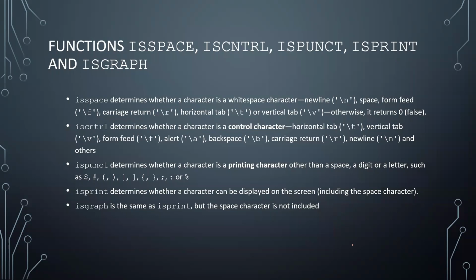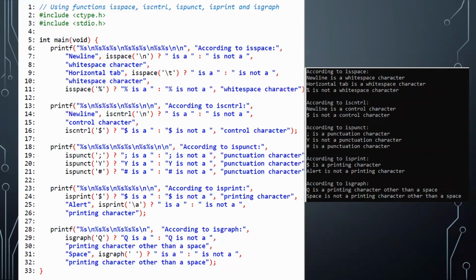Again, we've got a handful more. So isspace, iscntrl, ispunct, isprint, and isgraph. So for my first one up here, I am looking to see if it is considered a space. So according to isspace, the first one I send it is a \n, and it is a white space character.